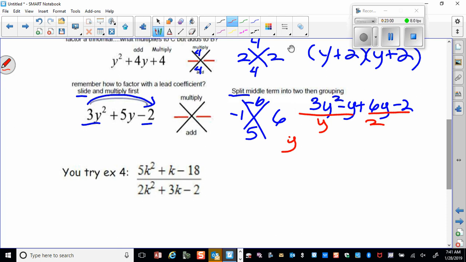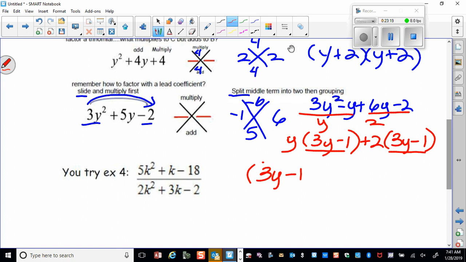So the y comes out front, and I get 3y left over here after I divide these two. And then I divide over here, I get minus 1, and then I've got a plus 2, and I get 3y minus 1. So now this is my greatest common factor, so that comes out front, 3y minus 1, and then I've got a y plus 2, right?